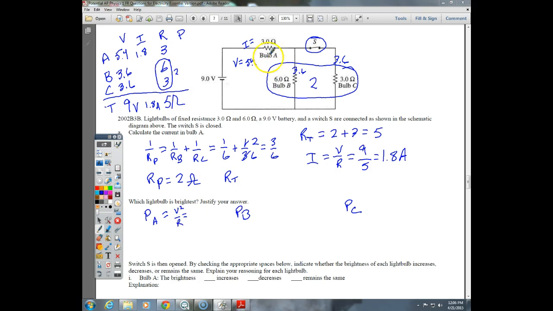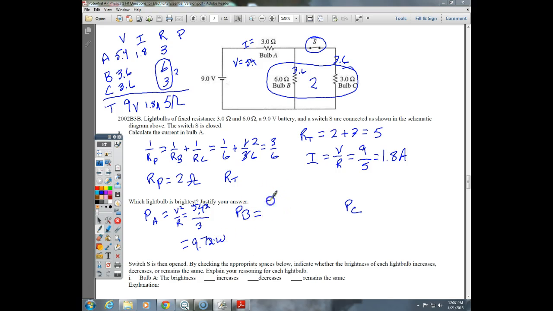Our voltage in bulb A we said was 5.4, and we need to square that, divided by the resistance, which is 3. And this one gives us 9.72 watts. For letter B, you already know the equation.